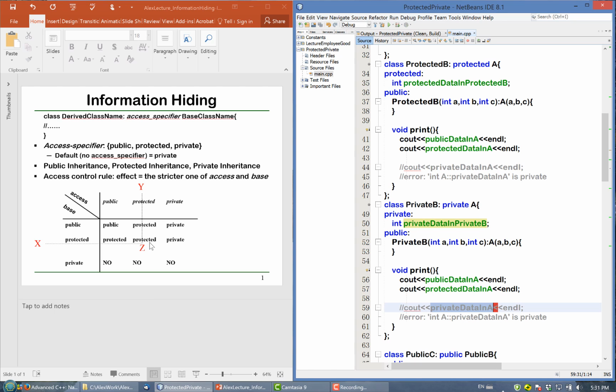Here Z means that for those base class data and functions, for the clients and further direct classes of the direct class, their accessibility is the same as those data and functions with access level Z in the direct class.